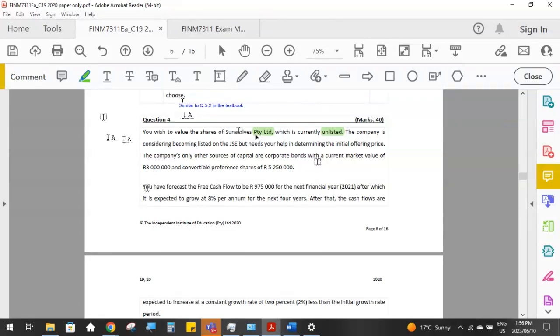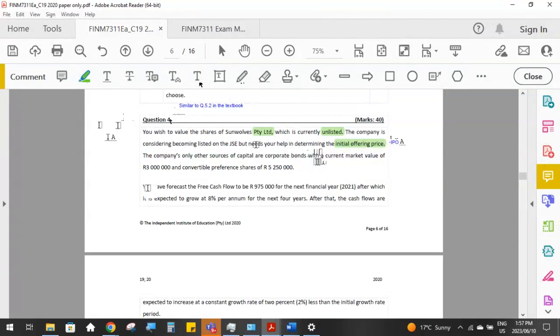So they want us to value the company so that we can then determine what the share price should be, what is called the initial public offering. And I'm sure you've heard this term, IPO, initial public offering. So when a company sells their shares on a stock exchange for the very first time, that is called an initial public offering.